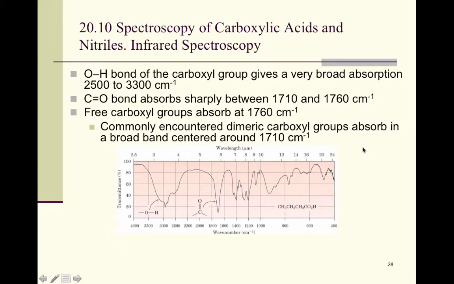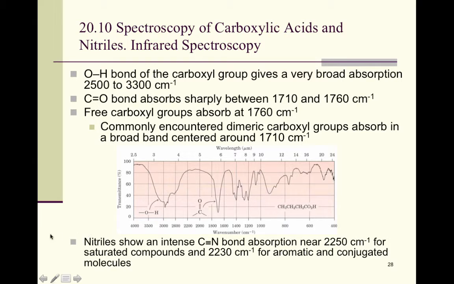Commonly encountered dimeric carboxyl groups absorb in a broad band around 1710. Now, I don't have a picture of the spectroscopy of nitriles, but I do have information for you. Nitriles show an intense C triple bond N absorption near 2250 for saturated compounds and 2230 for aromatic and conjugated molecules.